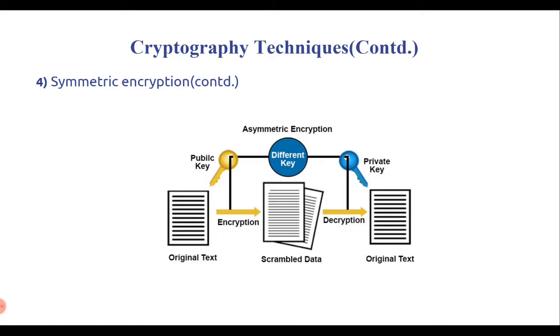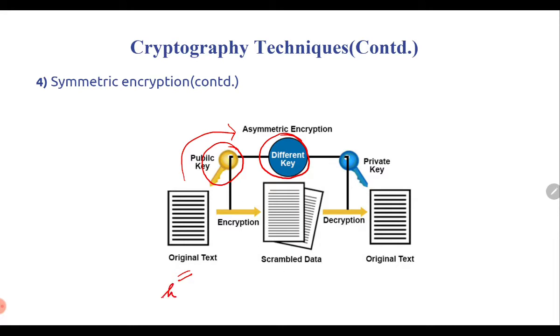Because it is easy to decrypt once we understand that there is a key involved, we have to understand that this key will definitely identify the various messages that are being sent. If we look at this image, there is an original text, and this original text is encrypted using a public key, and after it is encrypted, it shows some scrambled data.